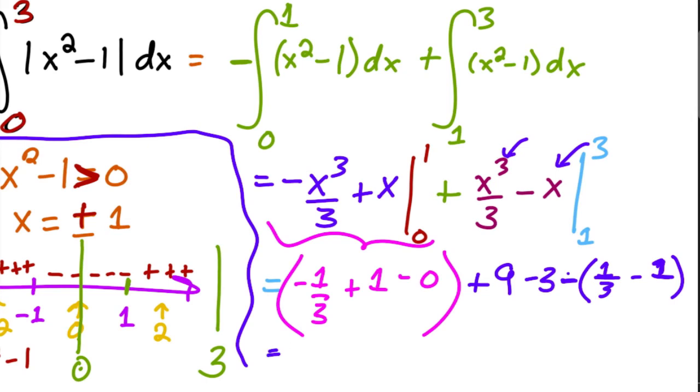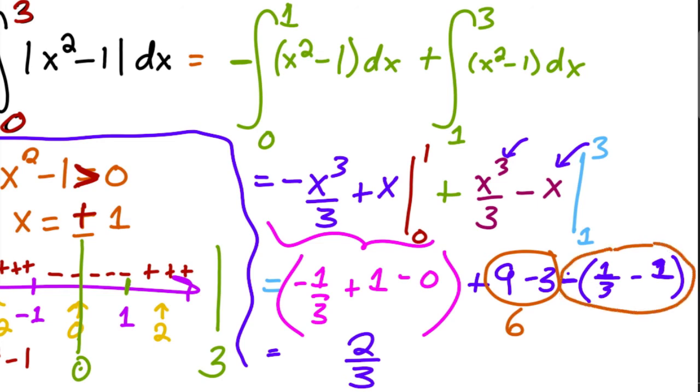Okay, so we've got 1 minus 1/3, that's going to be 2/3. And then we have 9 minus 3, that's going to be 6. 1/3 minus 1. So 1/3 minus 1, that's negative 2/3 times that negative, so this is going to be plus 2/3.